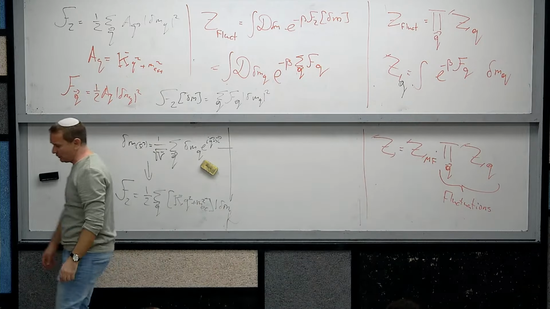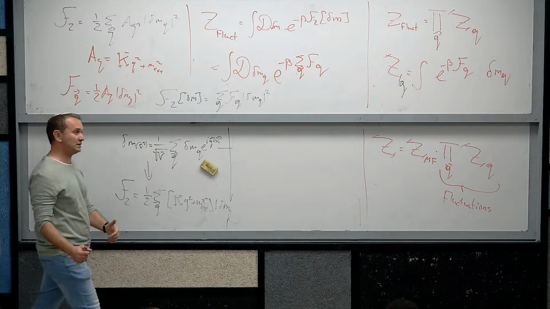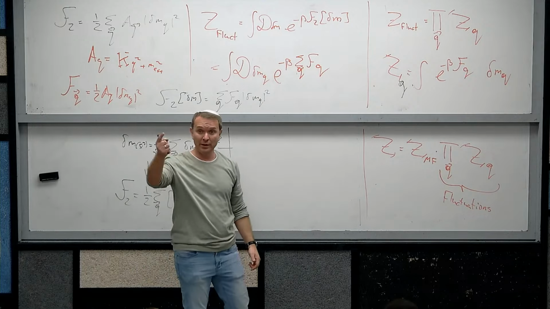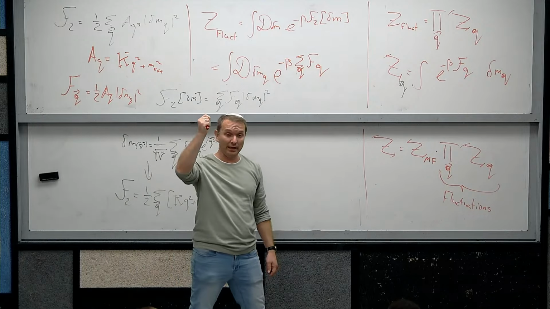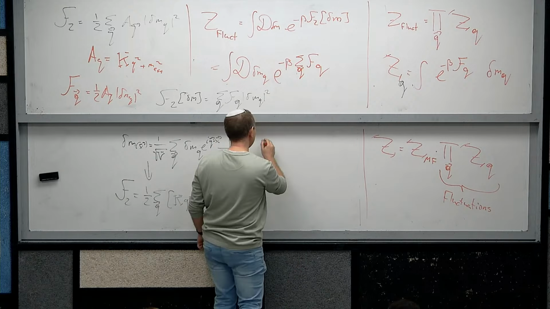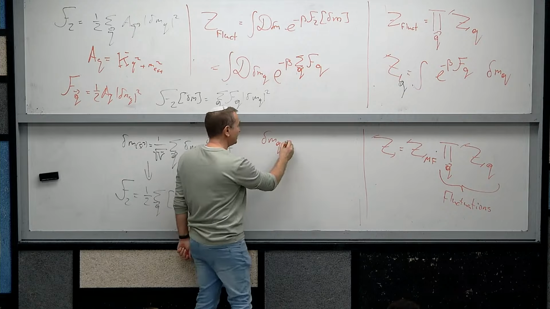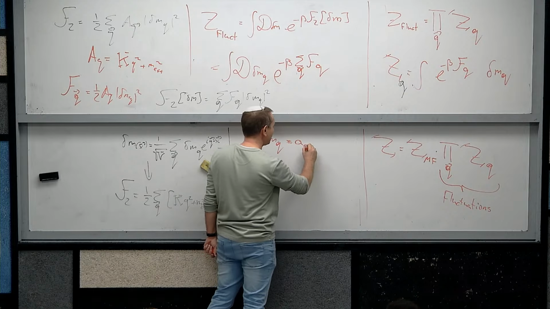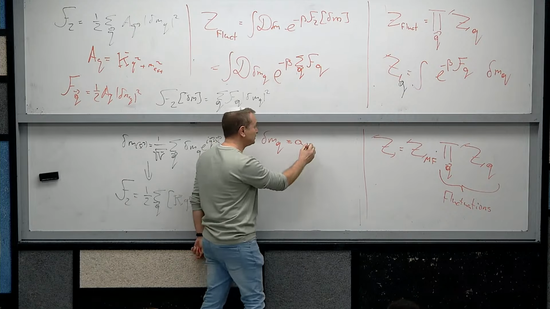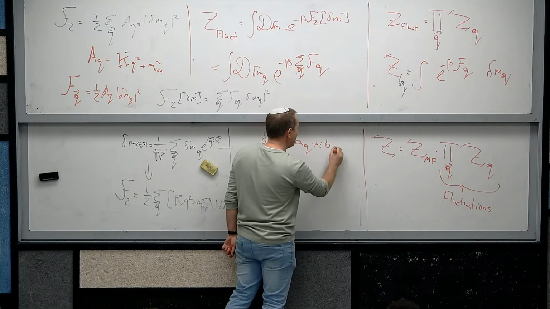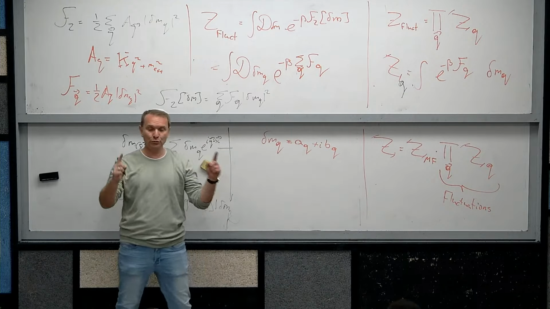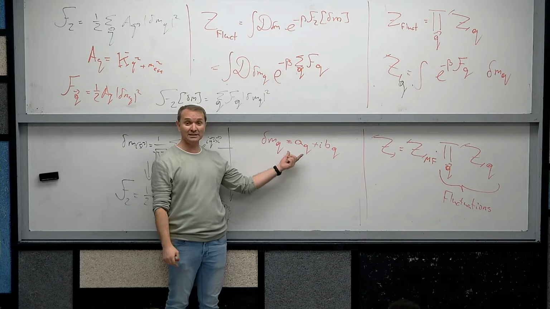So what is delta MQ? It has a specific value, and it can actually be a complex number. Delta MQ is generally some AQ, which is a real number, plus iBQ. Two numbers. It has a complex value.